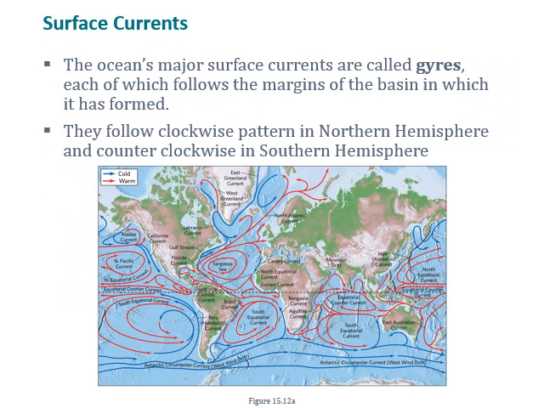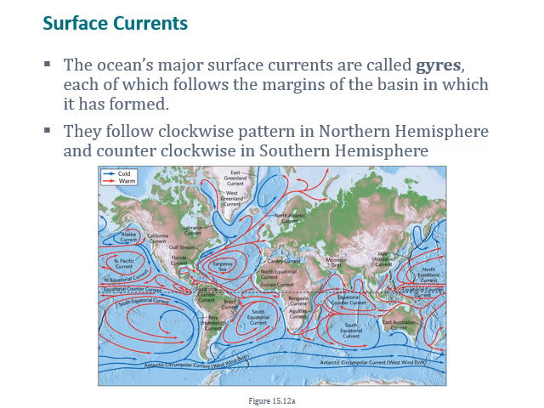The major surface currents in the global ocean are called gyres, and each of them follows the margins of the basin in which it formed. So this is related not only to ocean temperature and salinity, but the configuration of the continents as well. In the northern hemisphere, the gyres follow a clockwise pattern, and in the southern hemisphere, they follow a counterclockwise pattern.